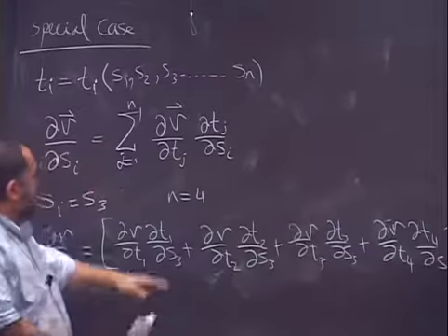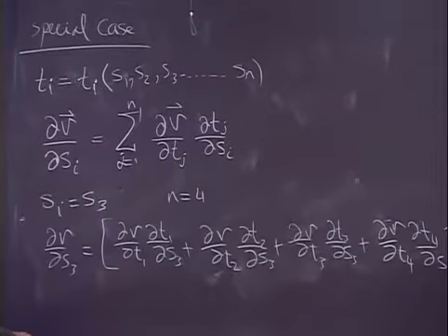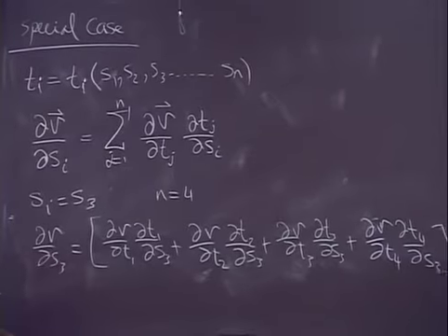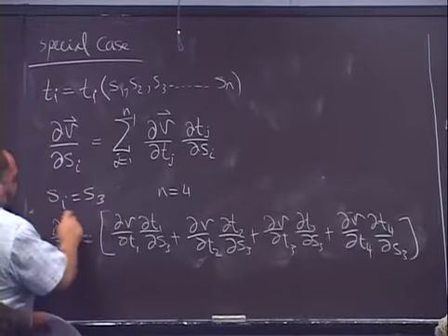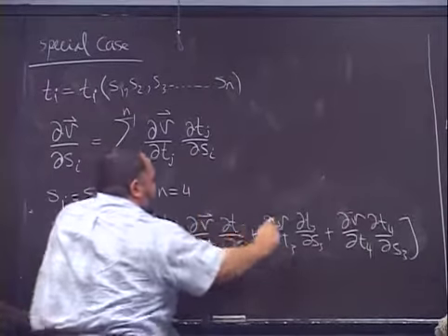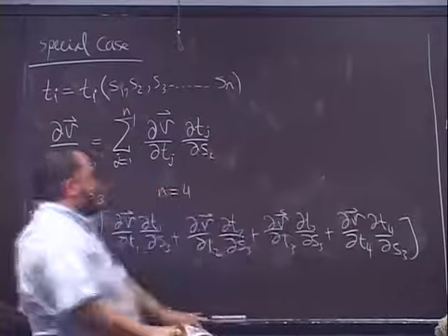So this is equivalent to this. Okay, guys? So just using the chain rule, if you want to calculate dv, of course, all of these will be vectors.